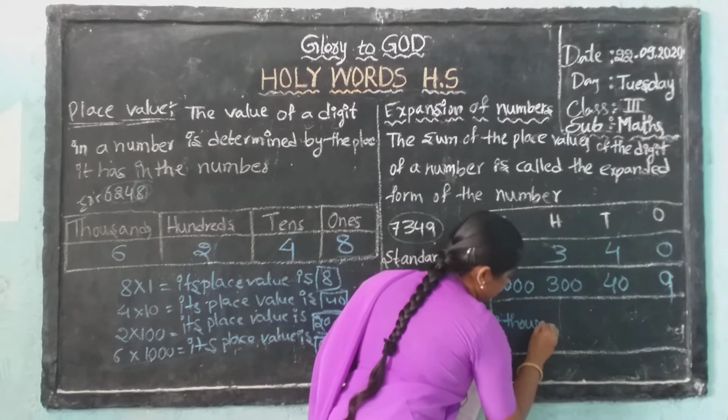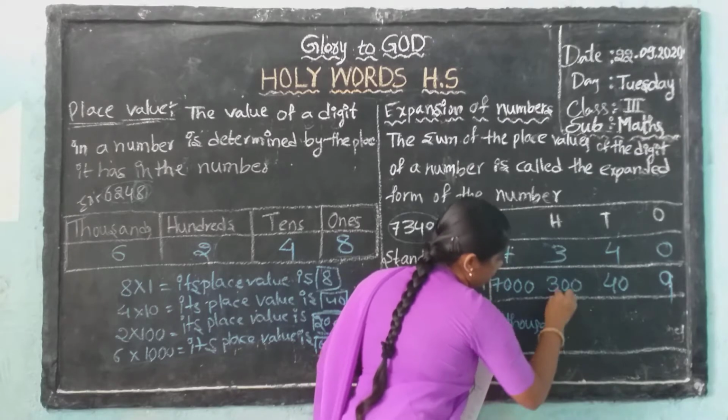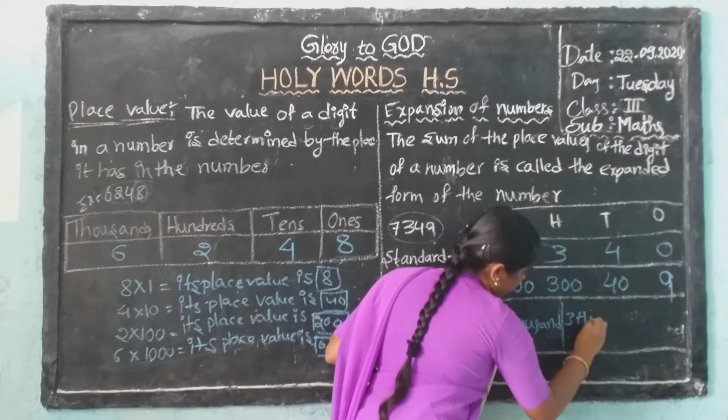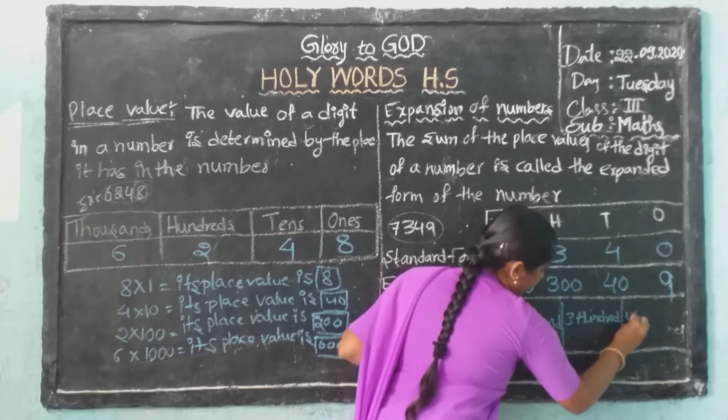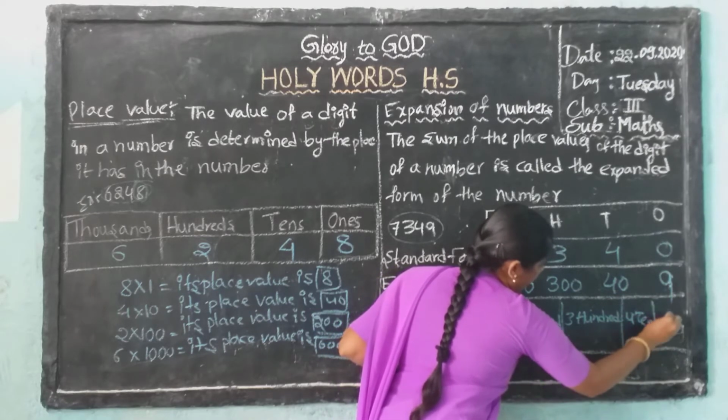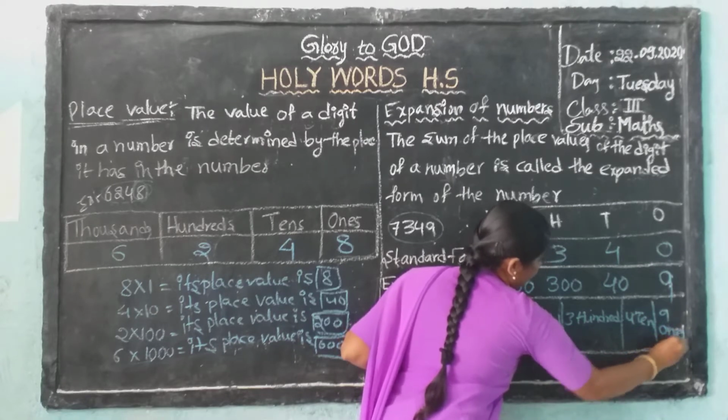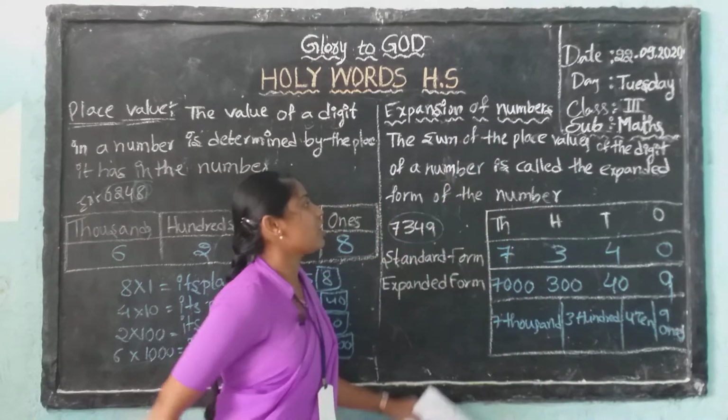In words: 7000, 300, 4 tens and 9 ones. So this is the expansion of numbers.